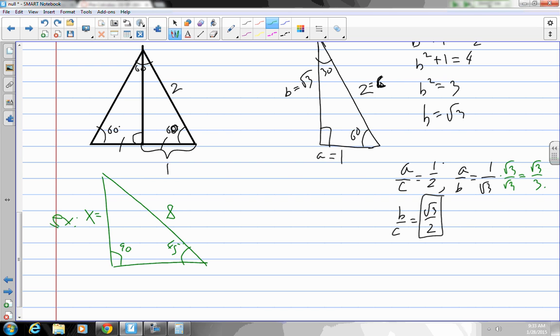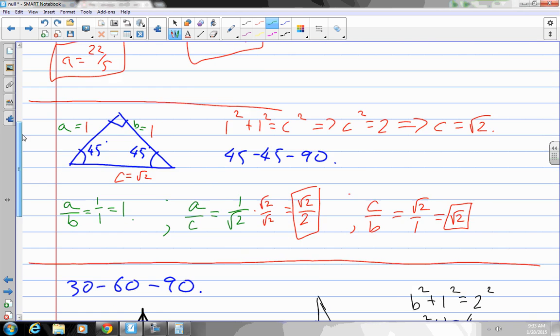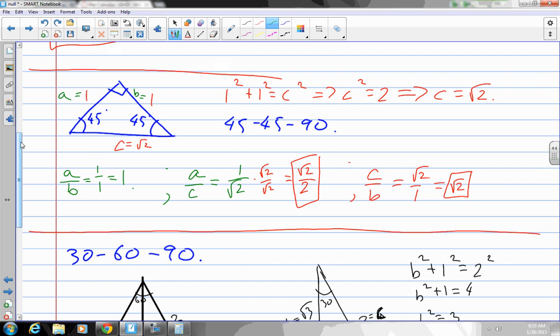I don't know that, but I know that in the 45, 45, 90 triangle, the ratio of one side to the bigger side is always going to be square root of 2 over 2, right? A over C is square root of 2 over 2. We already found that, regardless of the side.